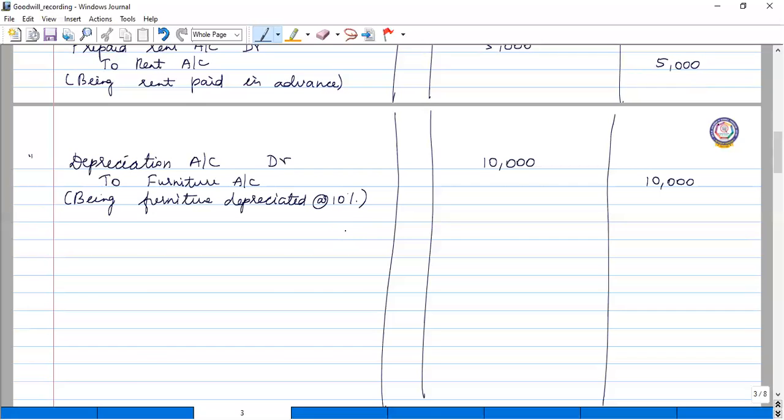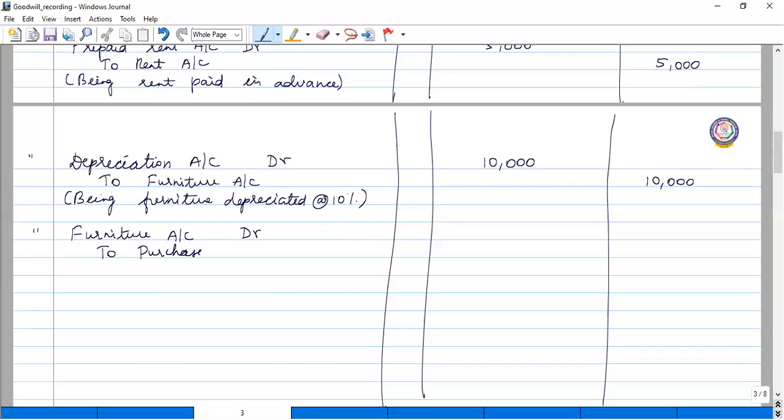So we have used our own goods to make furniture. Here the furniture asset is increasing, so debit furniture account, to purchases account, because we are using goods for this.